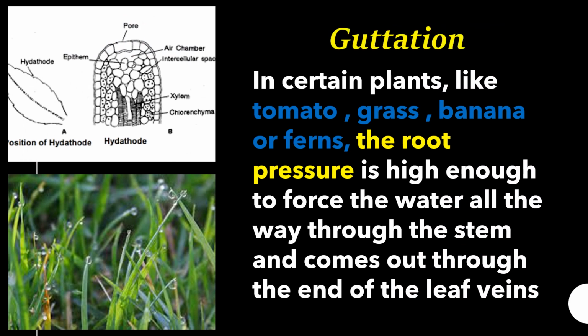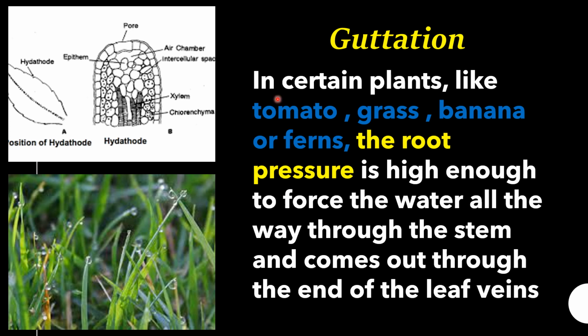What is guttation? In certain plants like tomato, grass, banana or ferns, the root pressure is high enough to force the water all the way through the stem and it comes out through the end of the leaf veins. That is called guttation. You can see water drops come out through the leaf veins due to root pressure.